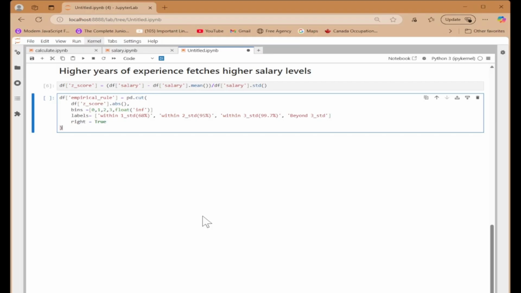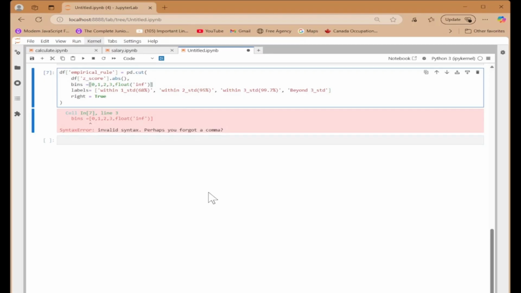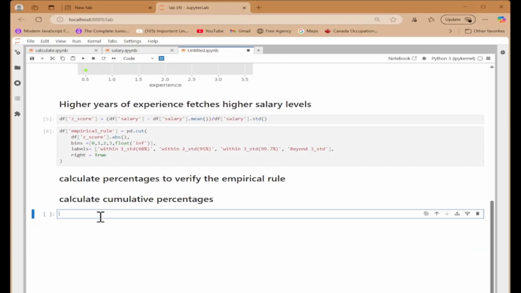All right, so now bins equals, invalid, I forgot a comma. Oh, forgot the comma here. So to show the cumulative percentages, let's proceed this way. Let's write this.